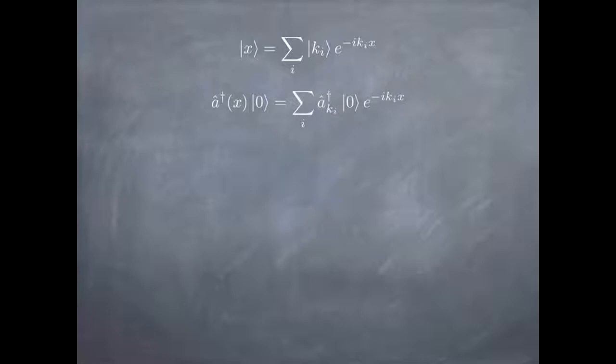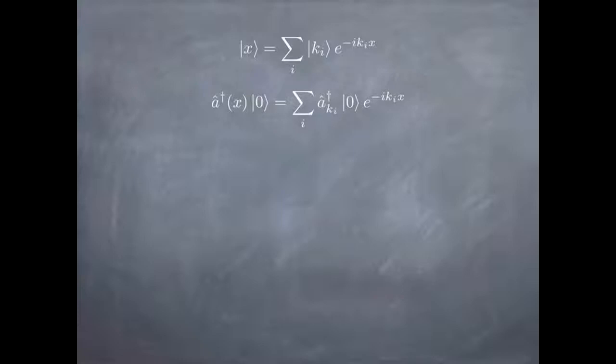In fact, how do I get a particle at position x? I apply the creation operator that creates a particle at position x to the vacuum. But you can see here now I can read off exactly how to do that. What I do is I create a superposition of different momentum eigenstates and have that act on the vacuum.